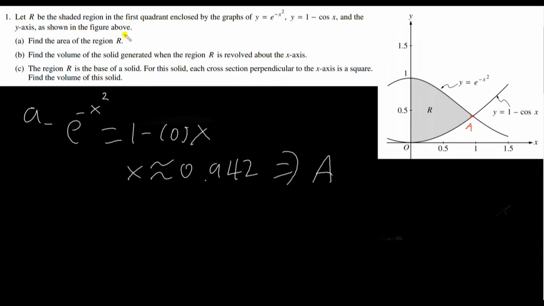We can now focus on finding the area. Now remember, the formula for the area is the integral from 0 to a, in our case, because we're starting at 0 and going to a, of the top curve minus the bottom curve. In our case, the top curve is e to the negative x squared, so I'll put that here, minus the bottom curve, 1 minus cosine of x, dx.